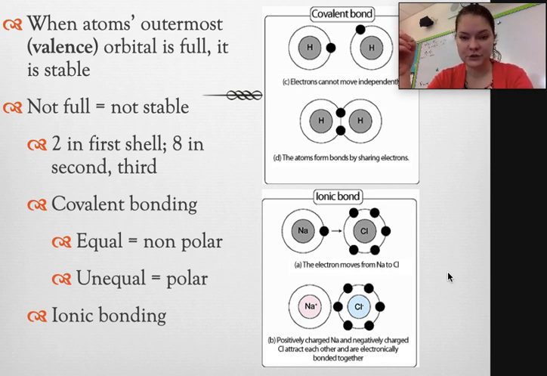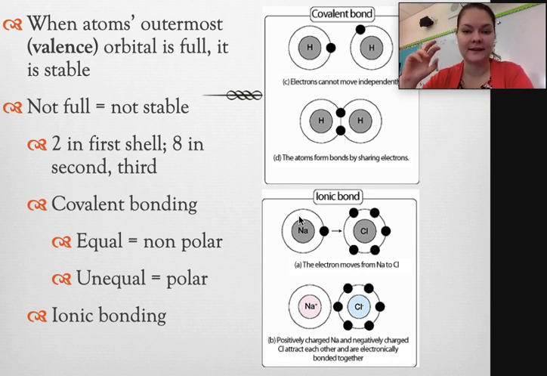Or you can have a situation where one element or one atom straight up yoinks an electron away from another. And why would they do this? A lot of times it has to do with another atom becoming more stable by losing electrons. So let's say, for example, you have sodium. Sodium is going to be in the leftmost column on the periodic table, and those guys over there want to get rid of one electron.